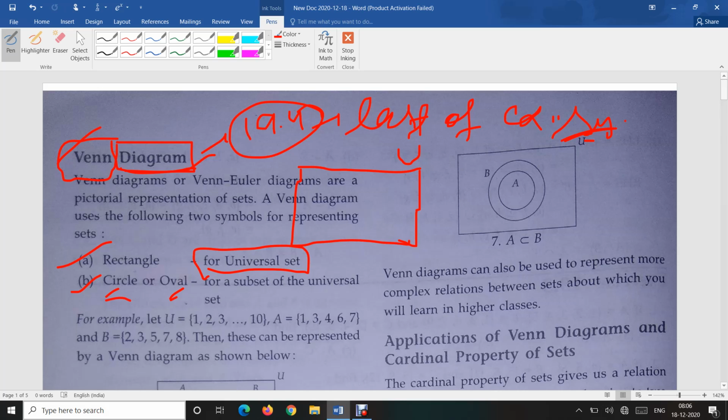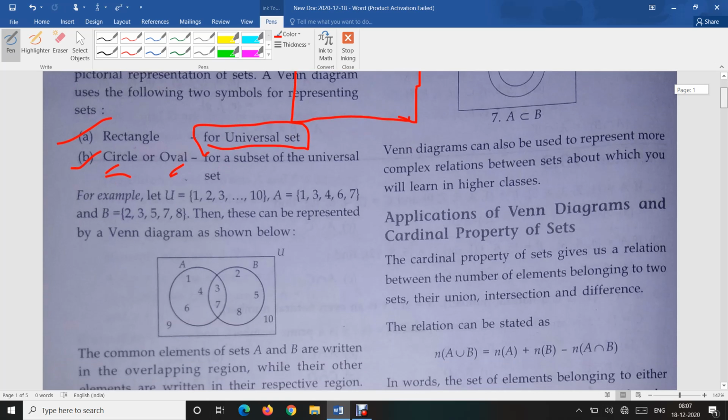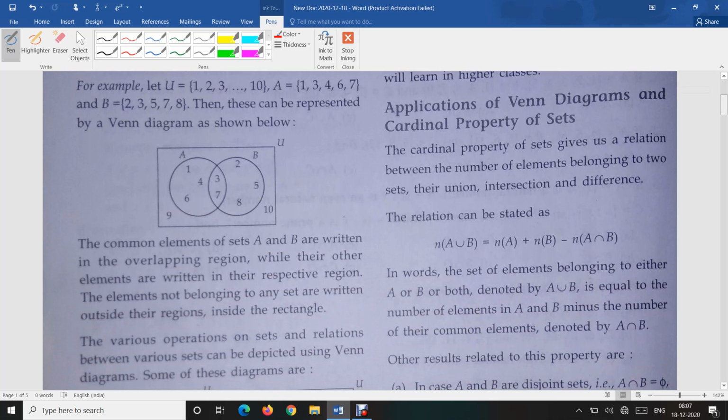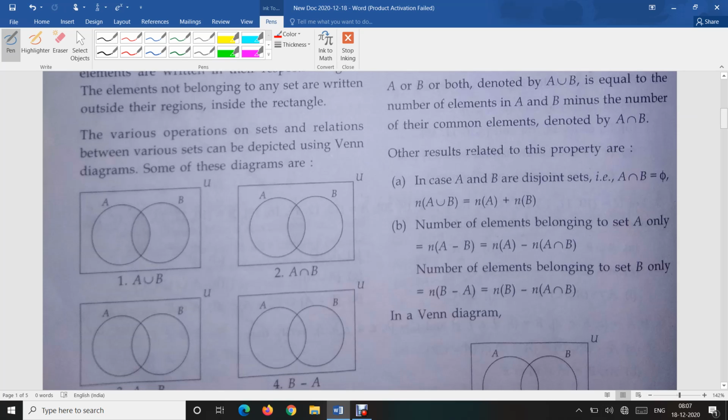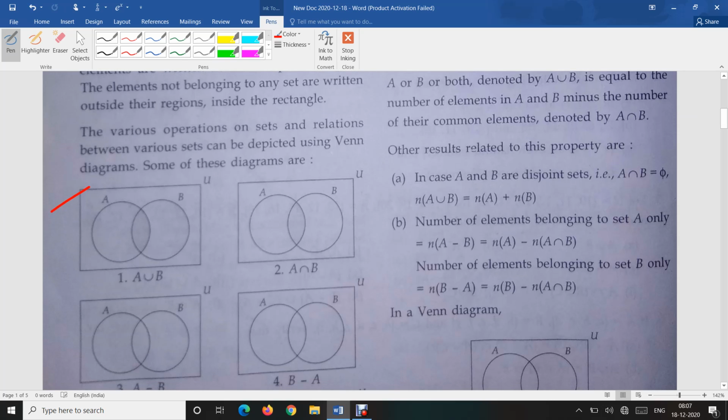So let us move further. To understand this diagram we have to learn about some concepts. These are the various operations on sets.